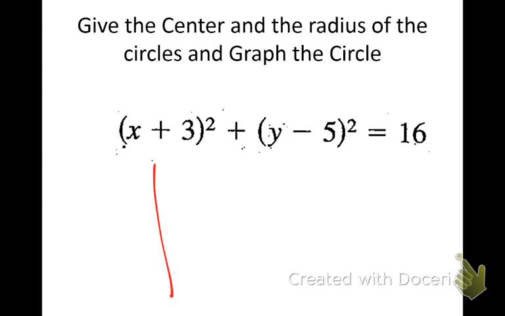We would have negative 3, 5, and a radius of 4. So this is 1, 2, 3, 4, and 1, 2, 3, 4.